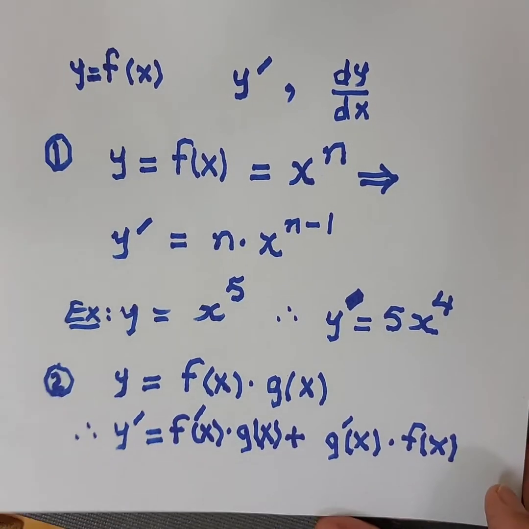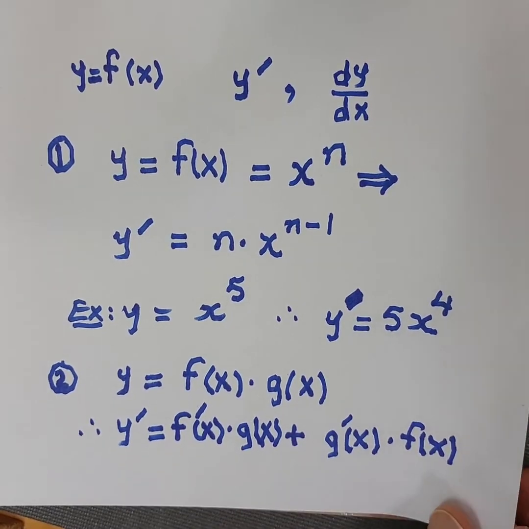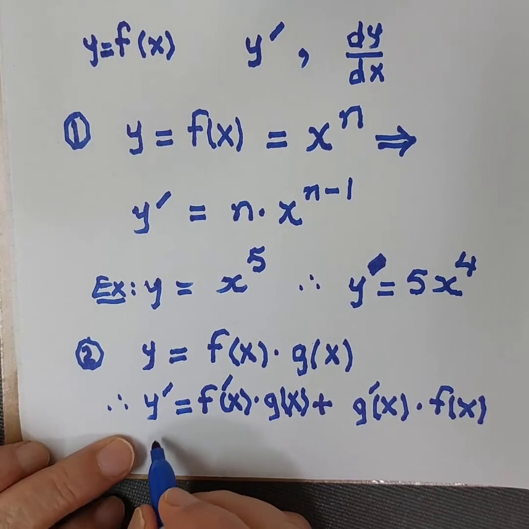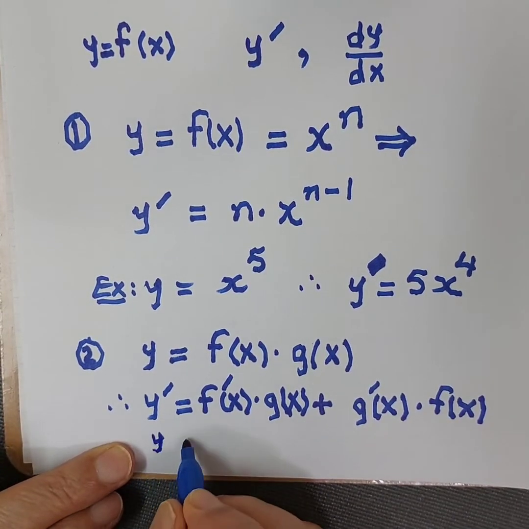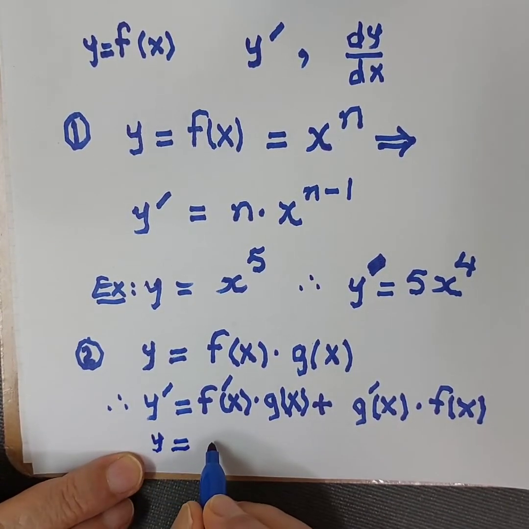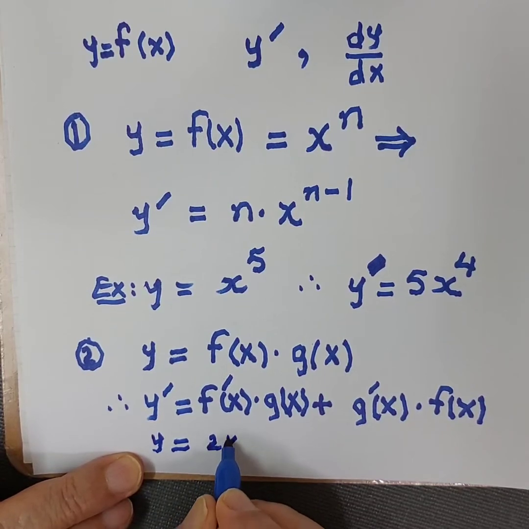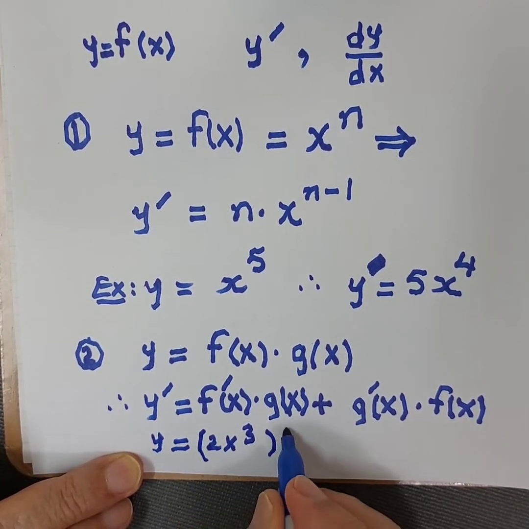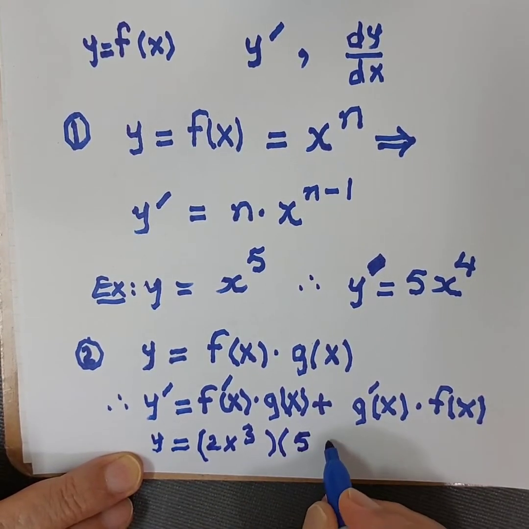It's easy to also remember this rule. Example, a simple example, like y is equal to x cubed multiplied by 5x squared.